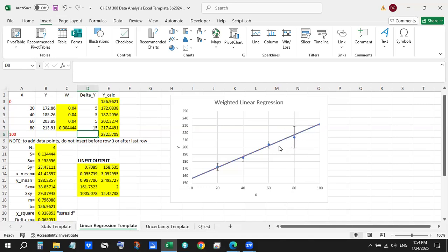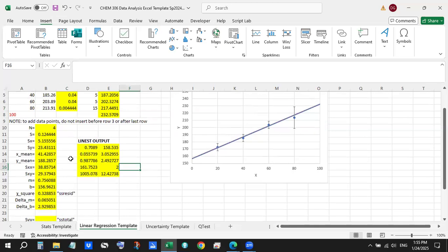Okay, and then you'll notice that now the best fit line gives more priority to the first 3 data points. There's more weight given to the first 3 data points than to the last data point. So the best fit line actually moves away from the last data point. Okay, and you'll also notice that your slope is no longer 0.7089, it's 0.756 instead. The best fit line has gotten steeper because less weight is given to that last data point.